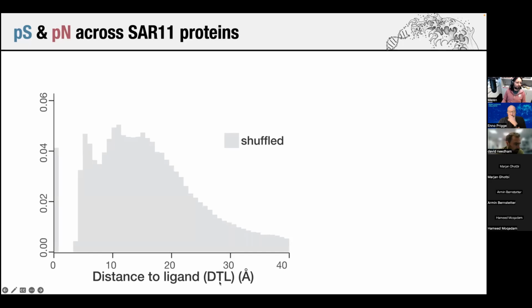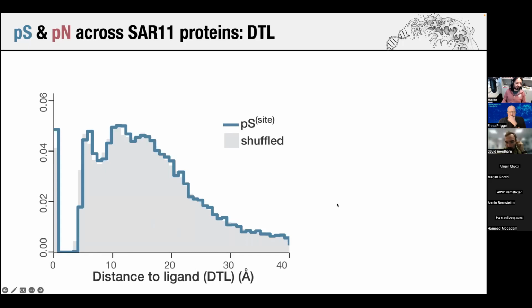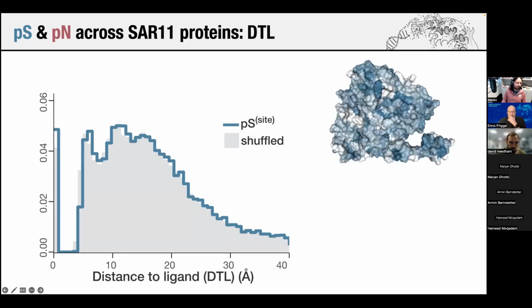This is what we see if we were to randomly shuffle everything. So this is the null distribution, random shuffling of potential variants and their distance to ligands in proteins. And this here shows synonymous variants. It almost perfectly follows, not quite, but almost perfectly follows the distribution, which means synonymous variants can occur pretty much anywhere.